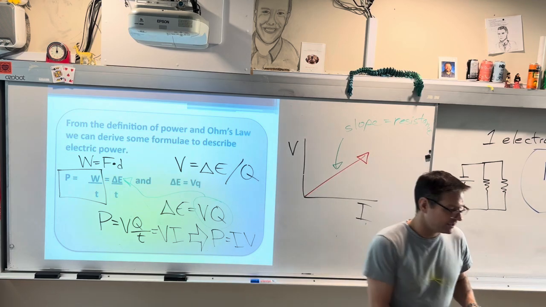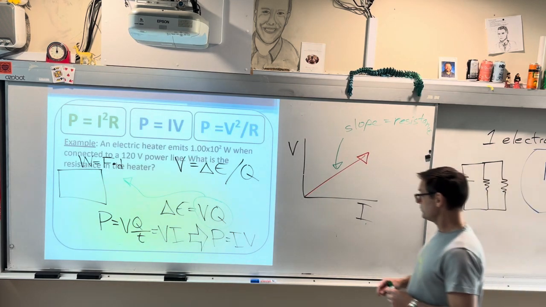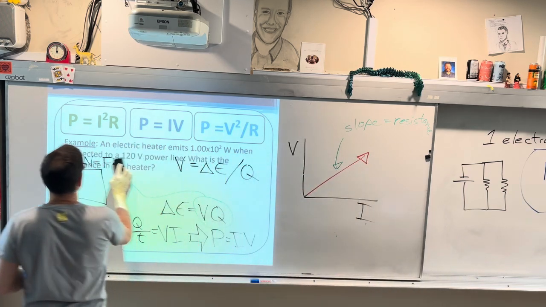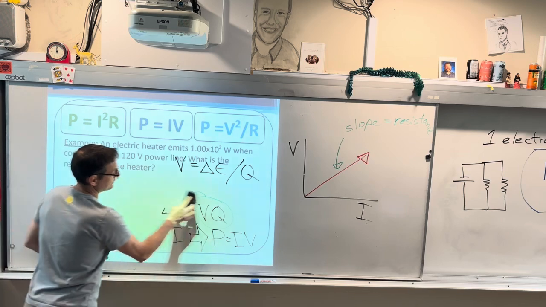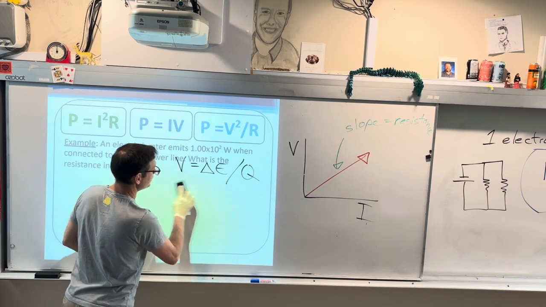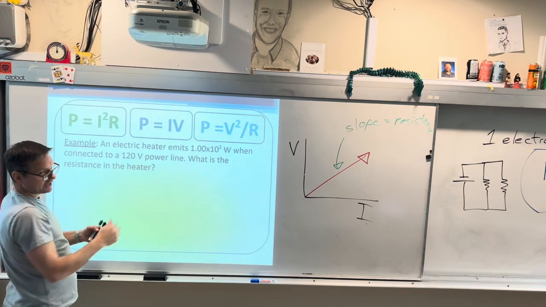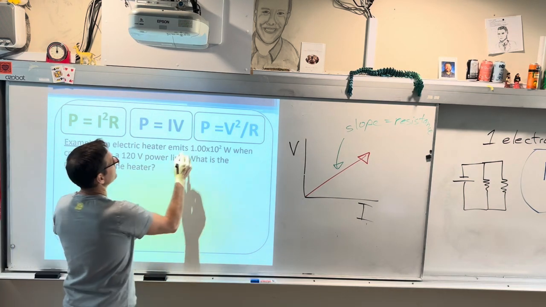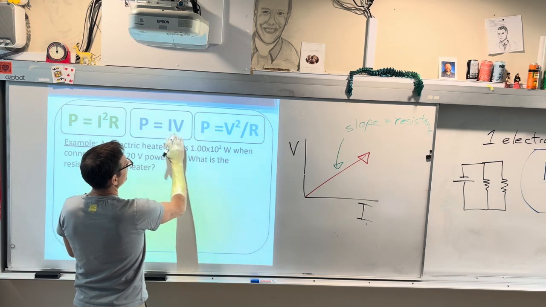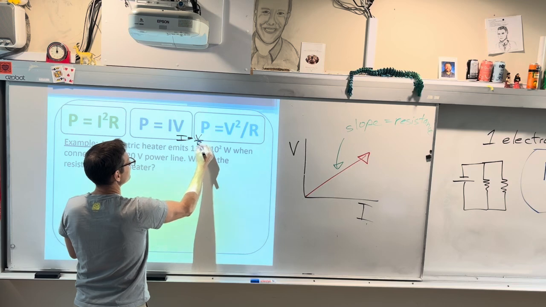Okay, so that was a lot. It was messy, I'm sorry. I'll post this in the video and you can look at it later, but if P equals IV, and then we use Ohm's law, and we say, well, I would be equal to V over R, right?